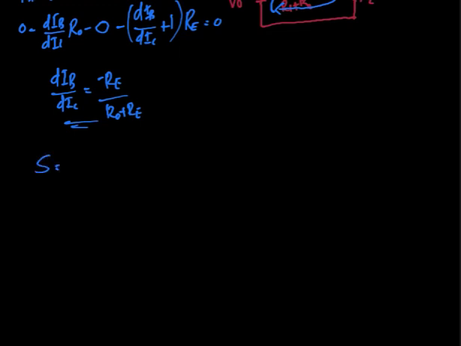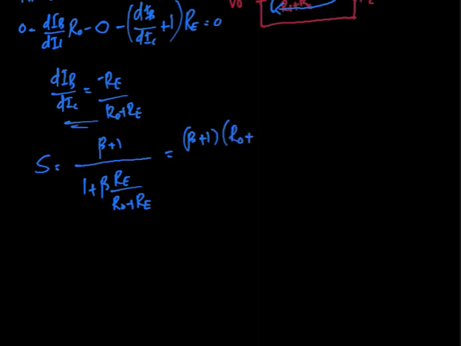Now the stability factor S is given by beta plus 1 divided by 1 minus beta into dIB by dIC, that is, plus RE divided by R0 plus RE, which is equal to, taking R0 plus RE as common factor in the denominator, beta plus 1 into R0 by RE divided by beta plus 1 into RE plus R0.